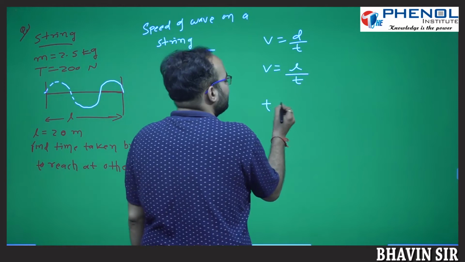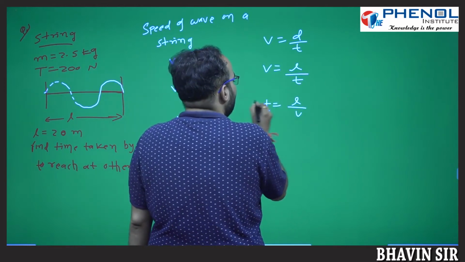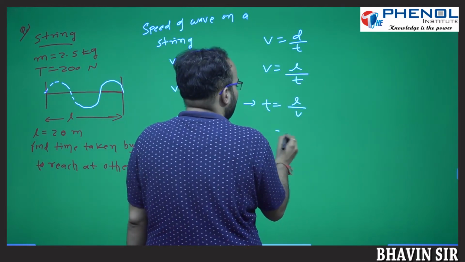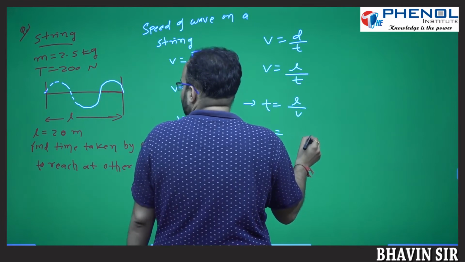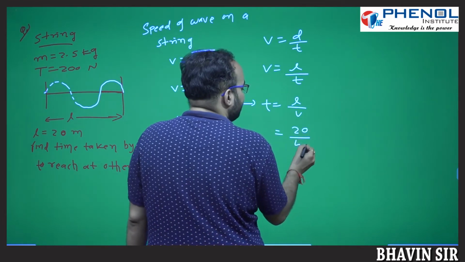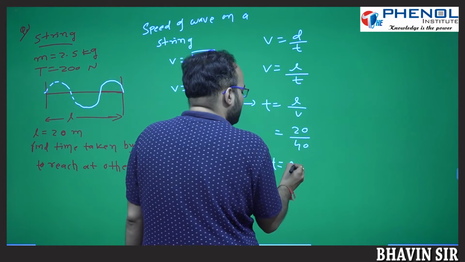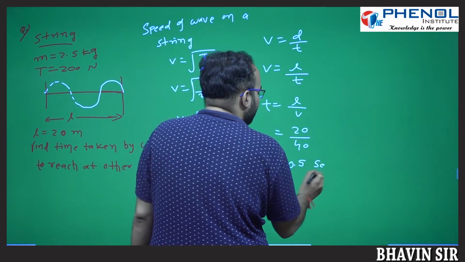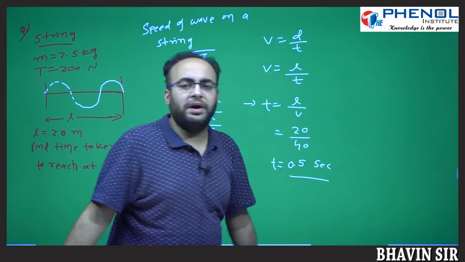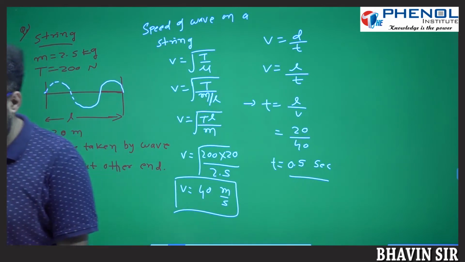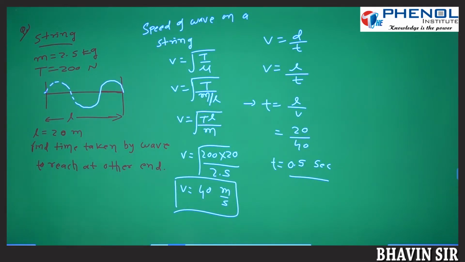So time is equal to L by V. Length is 20, speed is 40, so 1 by 2. What is the time taken? 0.5 second. So now the next question.